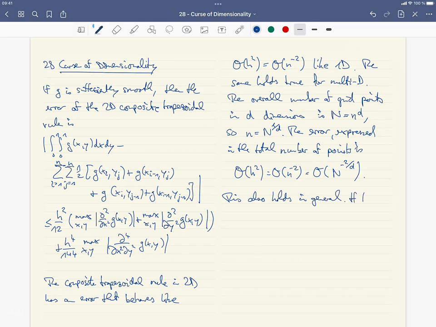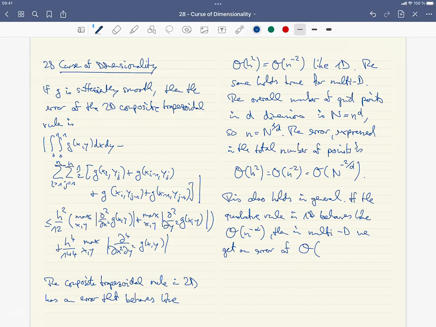If the quadrature rule in 1D behaves like n to the minus alpha, so the order of convergence is alpha, then in multi-D, we get a behavior measured in the total number of points, which is on the order of N to the minus alpha divided by D.